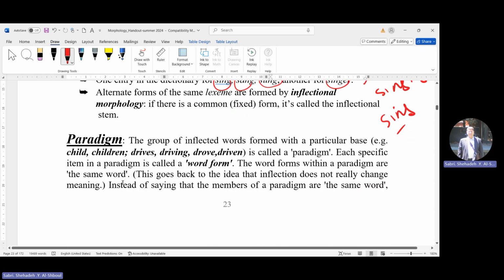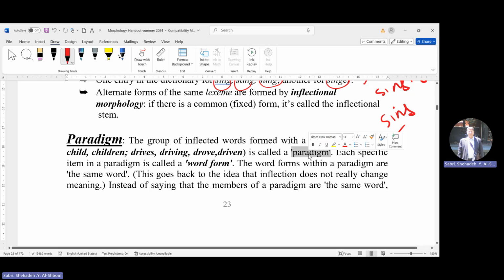In order to get a broader landscape or picture for the notion of lexeme, we have the notion of paradigm. When we talk about paradigmatic relationship or syntagmatic relationship, on the other hand, in a paradigm we have a group of inflected words that are formed with a particular base, like child, children, drive, drives, driving, drove, driven. So this is called a paradigm.